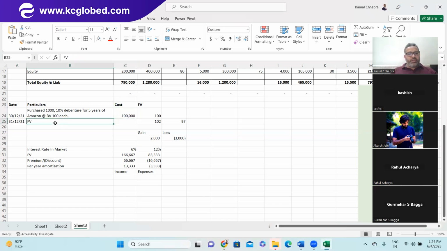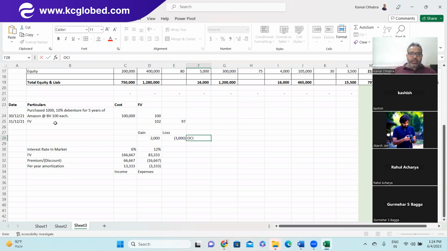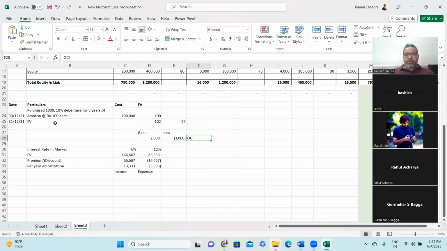Now the fair value has changed by 31st December to 102 or 97, and you have a gain or loss. This gain or loss will go to OCI, not to the income statement, because you classified this debenture or debt as available for sale.